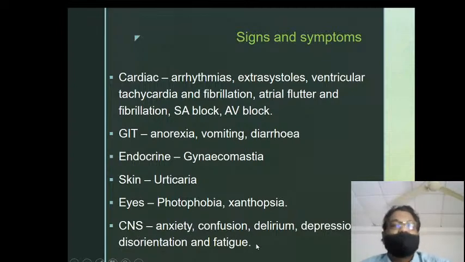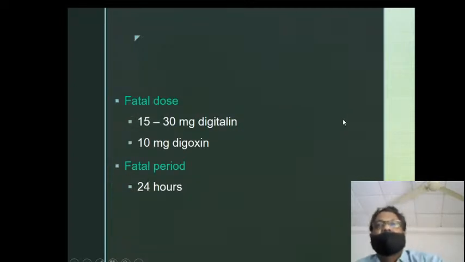The individual develops anxiety, confusion, delirium, and a kind of depression. The individual will be disoriented, confused, and also develop fatigue. The cause of death is ultimately cardiac failure. The fatal dose is around 15 to 30 milligrams of digitalis or 10 milligrams of digoxin, and the fatal period is within 24 hours.